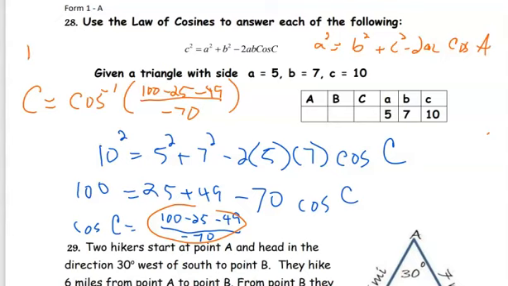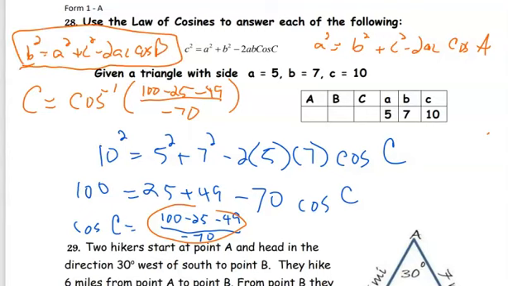It's going to be b squared equals a squared plus c squared, subtract 2ac times the cosine of capital B. You can do the same thing for each one of those, and you're going to find the angle for each one of those. After you get two of the angles, you can find the third one by subtracting from 180. I hope you understood that. Hope that helps. Good luck.